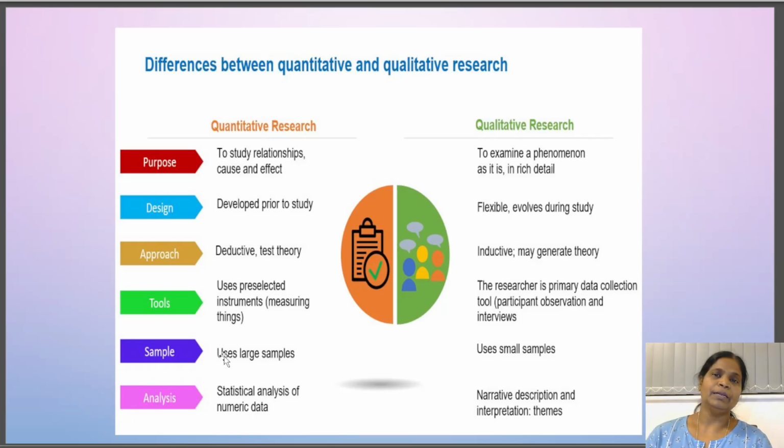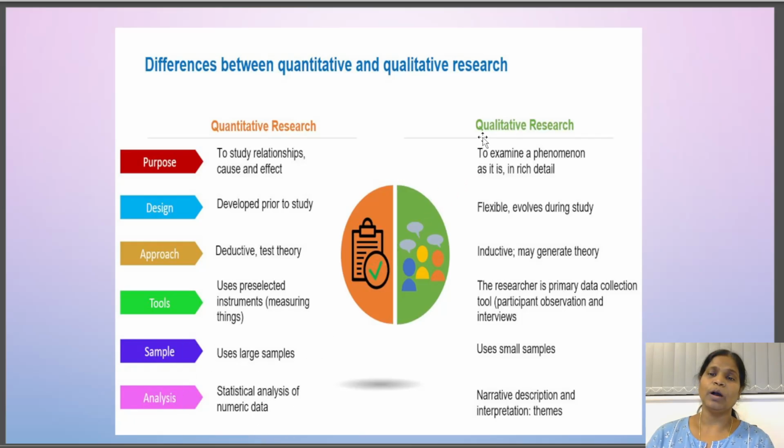Coming to sample, quantitative uses a large sample, but whereas qualitative uses a small sample because sometimes it may be interviewing or sometimes case studies or cohort studies, observing a phenomenon, culture, lifestyle, etc. Next, coming to analysis, quantitative uses statistical analysis of numerical data.